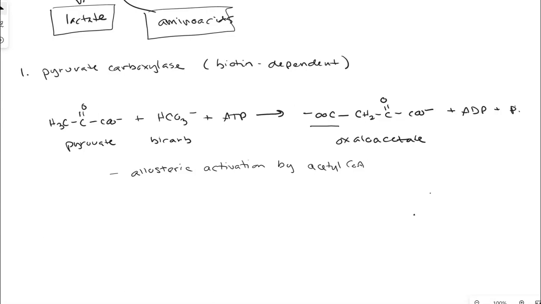Now, secondly, I mentioned compartmentalization. The second interesting feature of pyruvate carboxylase is that it's found only in the matrix of mitochondria.